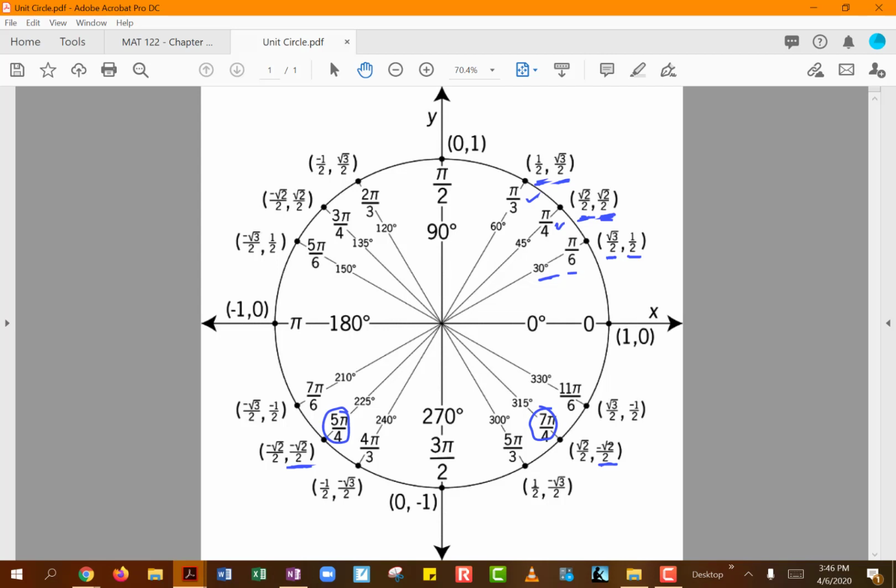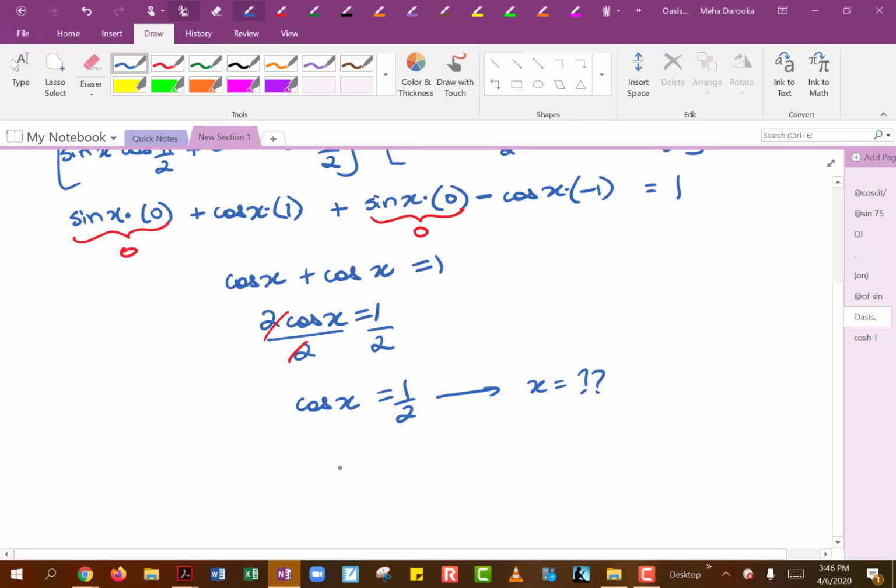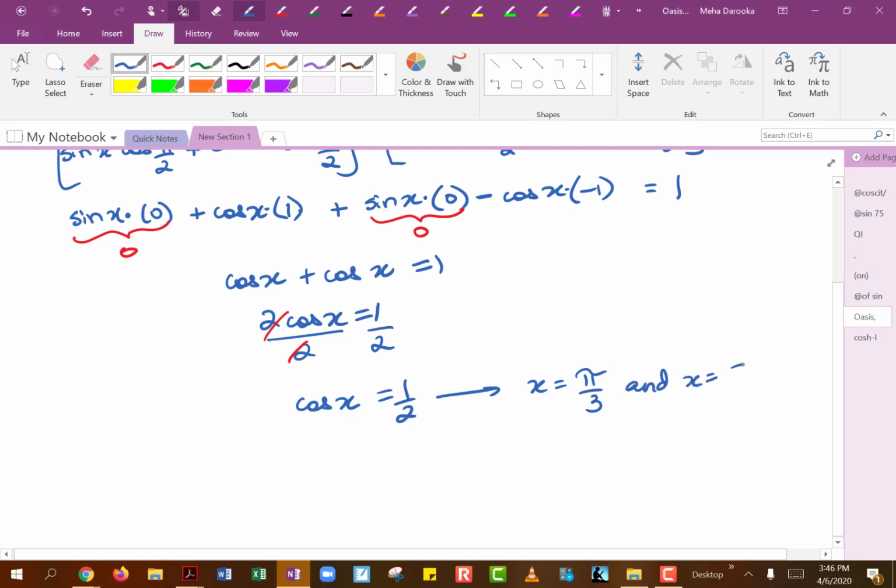The cosine function is positive 1/2 at pi over 3, and at 5 pi over 3. So this will be true when x equals pi over 3 and x equals 5 pi over 3.